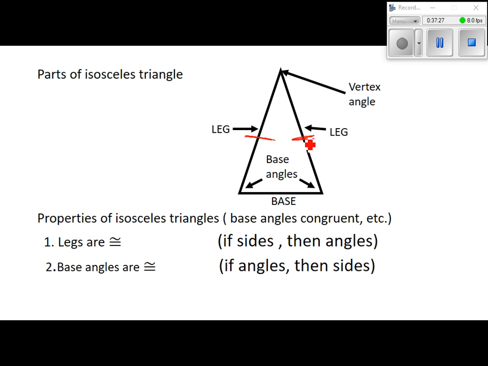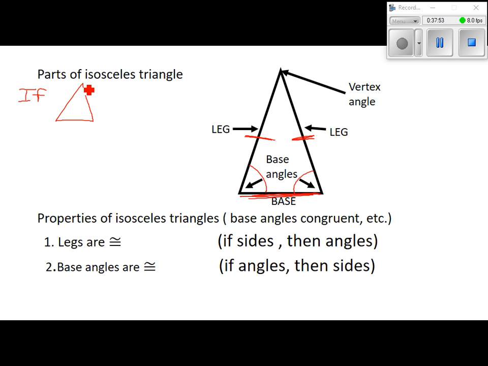The angle between the two legs is always called the vertex angle. The other two angles are called the base angles, and what do we know about those base angles? They're congruent. The third side is called the base, and this leads me to what I want you to write in there somewhere. Very important on this test. There's several problems on this test. If you know these two rules that we're getting ready to talk about, it'll make everything a whole lot easier.